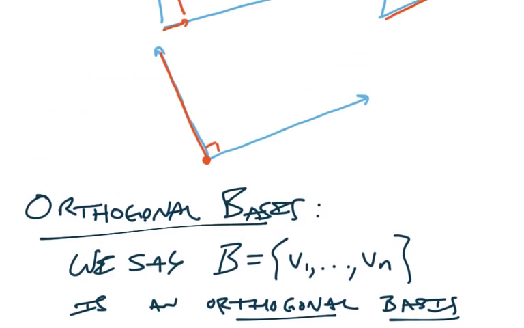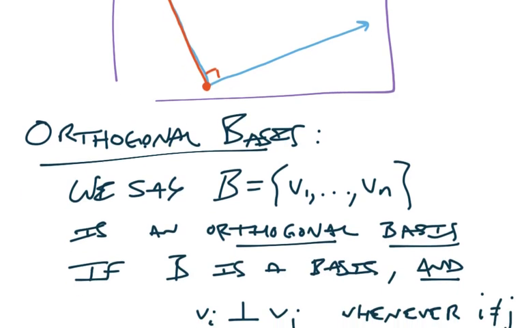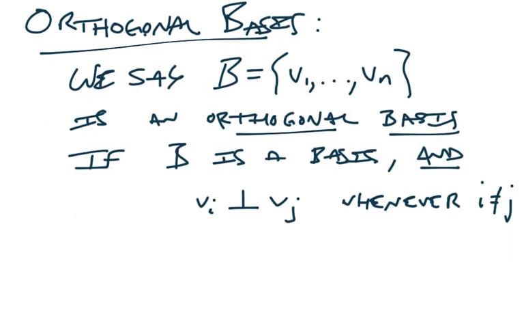Okay, so in the case of a two-dimensional picture, that would be precisely this image right here. We would have exactly two vectors if the space is two-dimensional. We would have exactly two vectors in the basis, and they would be orthogonal to one another. And there is a little exercise that you can check here.